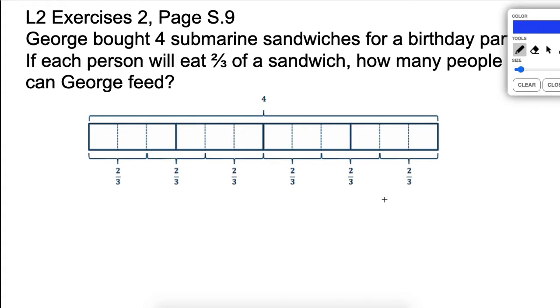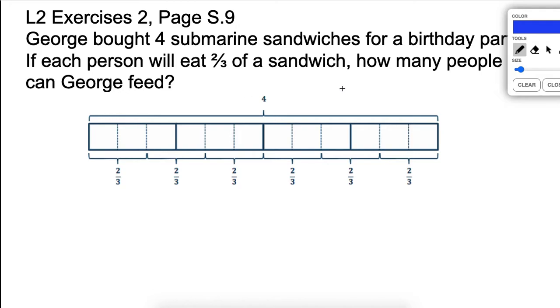Each one of these is 1 person, 2, 3, 4, 5, and 6. So the picture tells us that they can have 6 people. He's got enough food there for 6 people because each person's eating 2/3 of a sandwich.